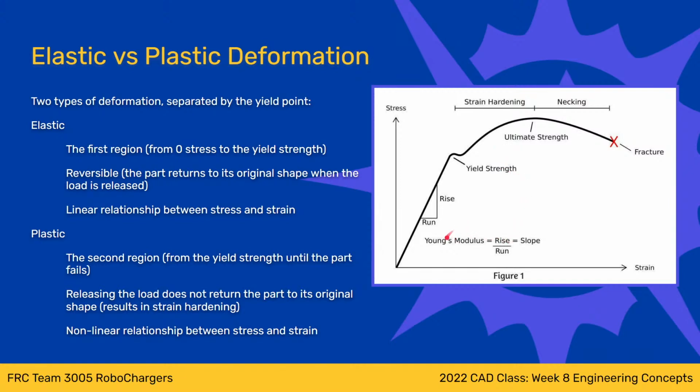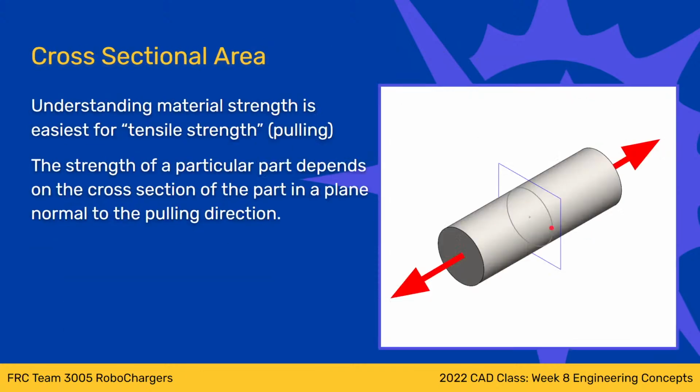I want to talk very quickly about these regions up here. Necking is basically the term where the cross section of the part rapidly decreases as the part fails. I'm going to go back to this image right here. Think about this as a metal rod, right?